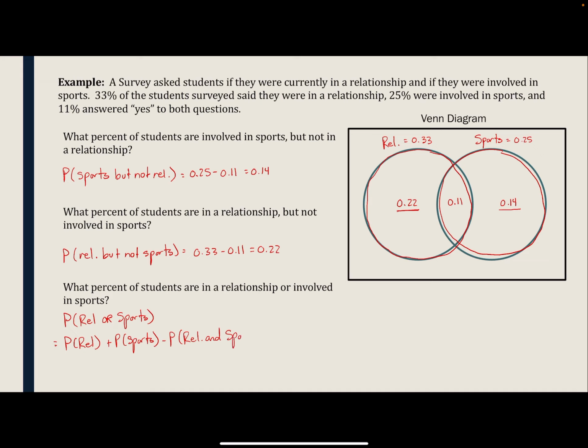We don't want to count those people twice. We can get all of these values out of the paragraph. The probability that they are in a relationship is 0.33, the probability that they're in sports is 0.25, and the intersection is 0.11, giving us 0.47.